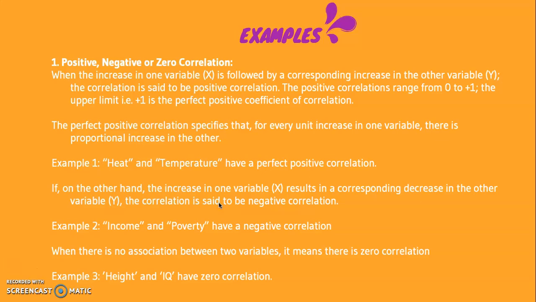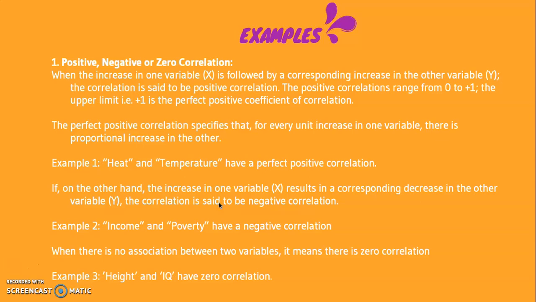But when your income starts to reduce, the level of poverty that you're likely to experience will begin to increase. That shows that the value of income and poverty are moving in opposite direction. That tells you that there is a negative correlation between income and poverty.